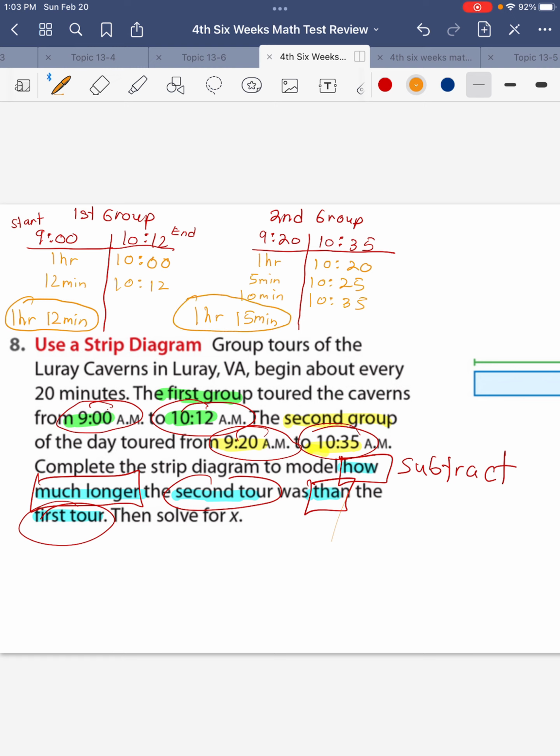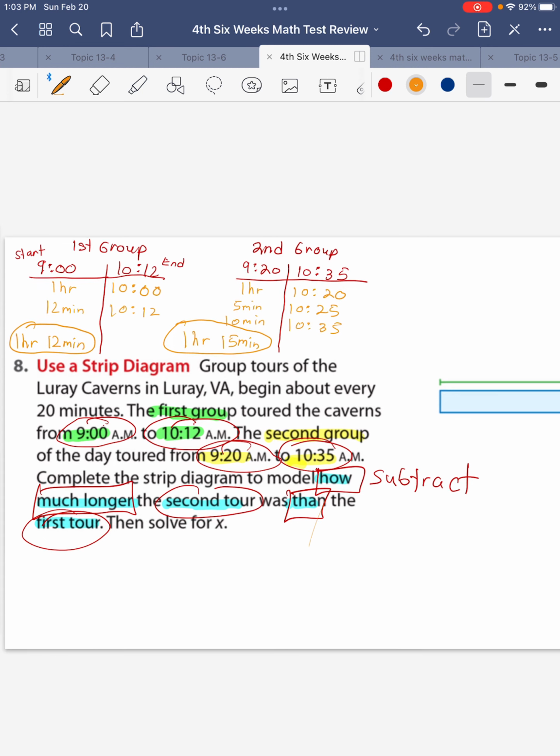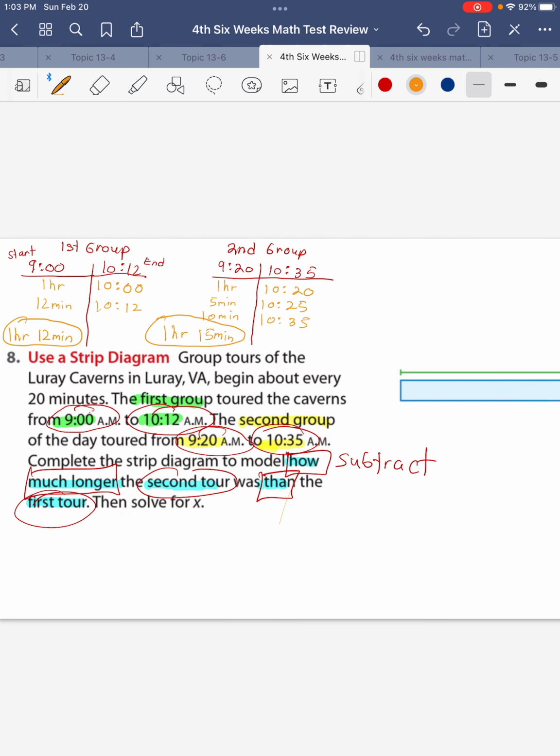So now I know the amount of time it took for each group. This one took 1 hour, 12 minutes. This one took 1 hour, 15 minutes. So now my question says, how much longer was the second group's tour than the first tour? All I have to do is subtract the times. I'm going to do 1 hour, 15 minutes, because that's my second group, minus 1 hour and 12 minutes.